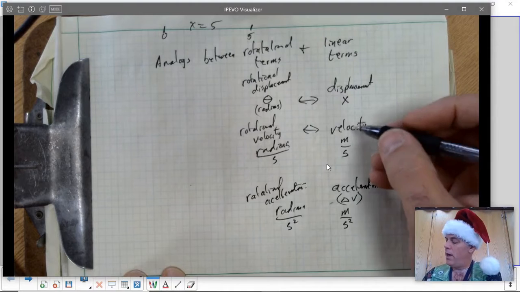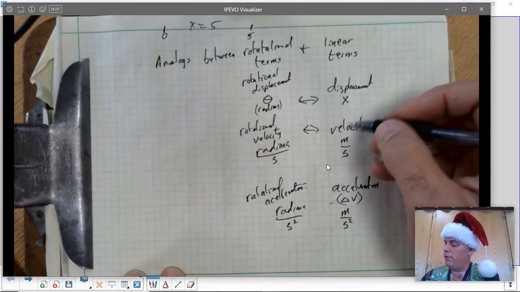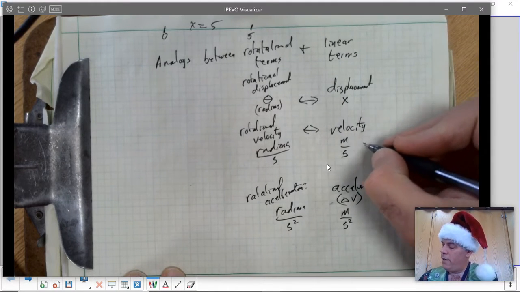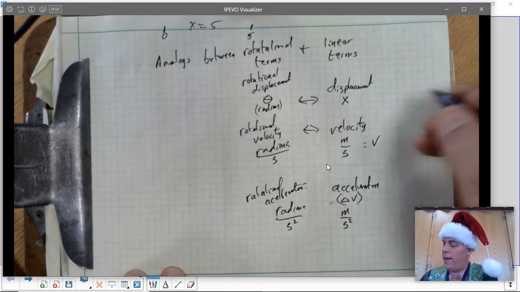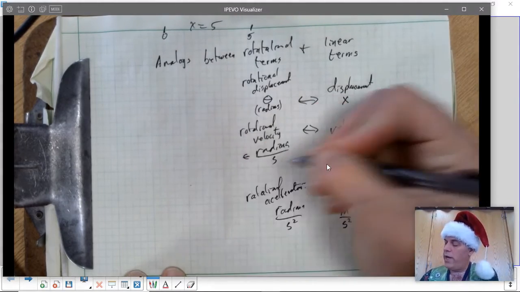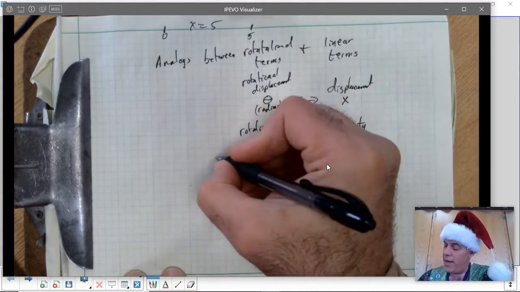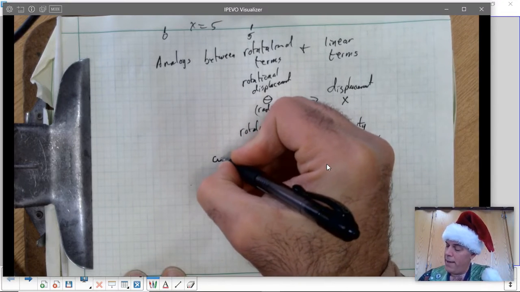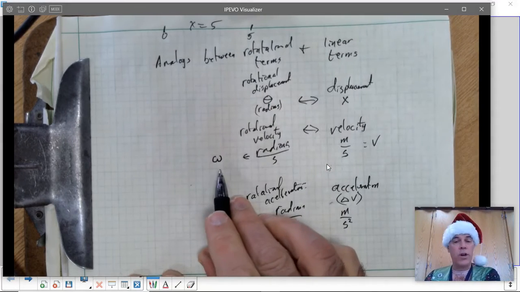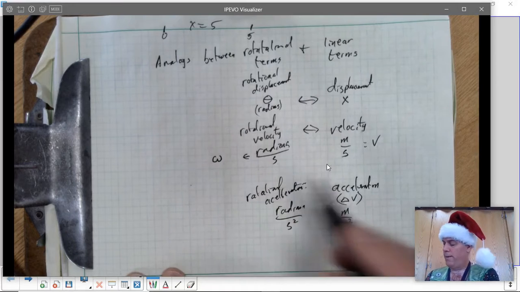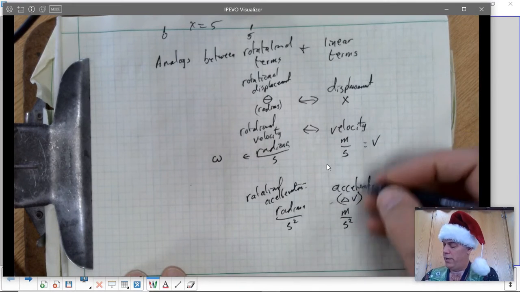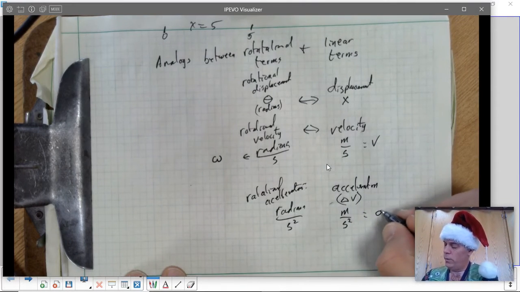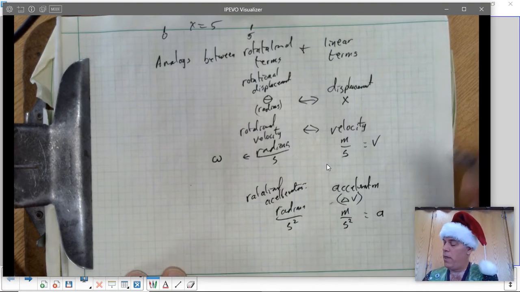Okay, so symbols. Now, as we know, for linear velocity, V is the symbol. For rotational velocity, radians per second, we use omega, which looks sort of like a cursive W, okay? For linear acceleration, we use lowercase a, as you know.